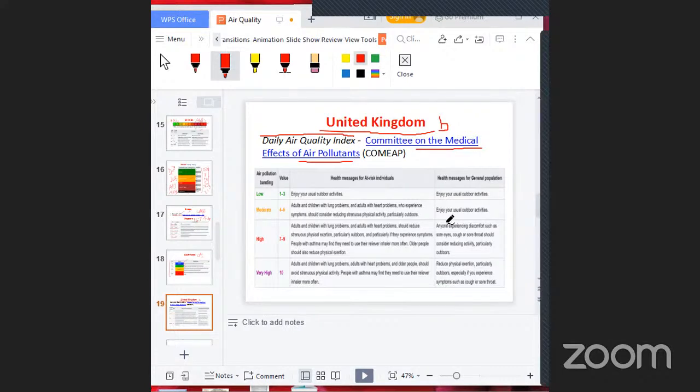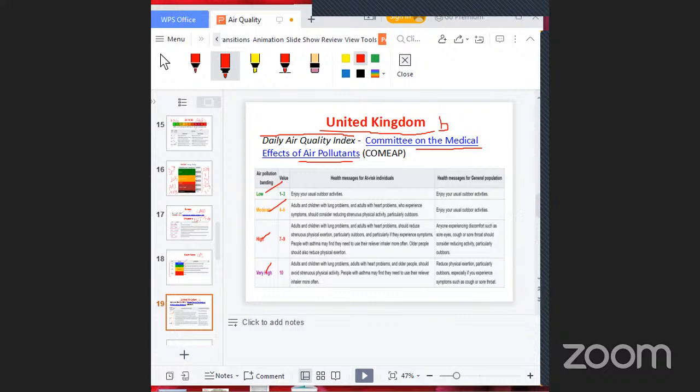This index has 10 points, which are further grouped into 4 bands: low, moderate, high, very high. Each of the bands comes with advice for at-risk groups and the general population. So this is the table.